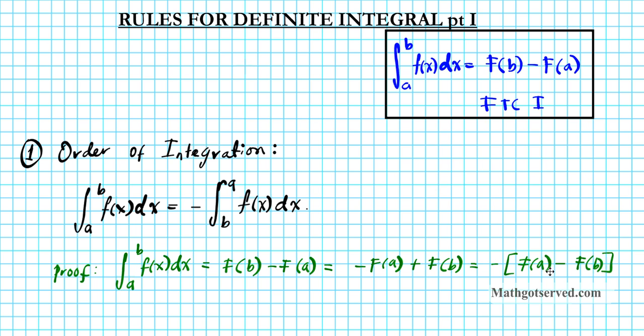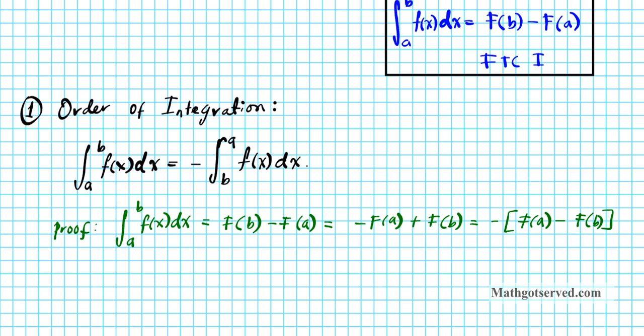Now, I can apply FTC part 1 to this quantity inside the bracket, okay? So it becomes negative of the definite integral from b to a of f of x dx. Okay, so that shows that this rule is in fact accurate.